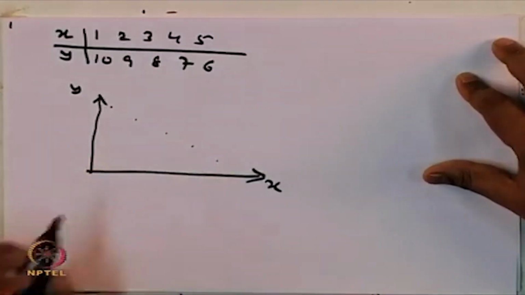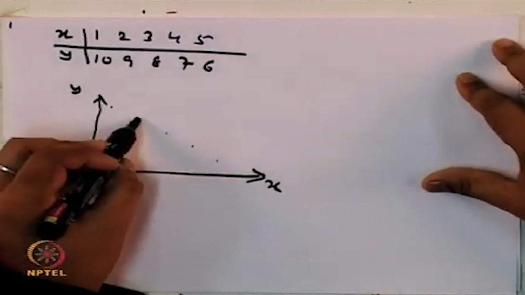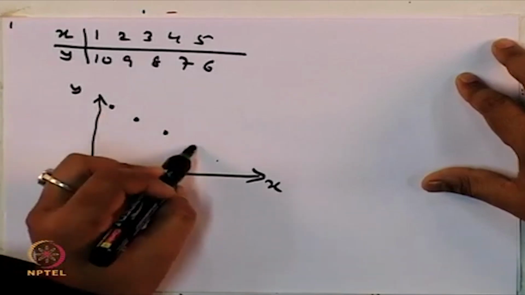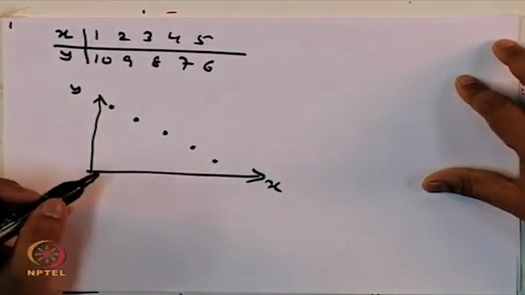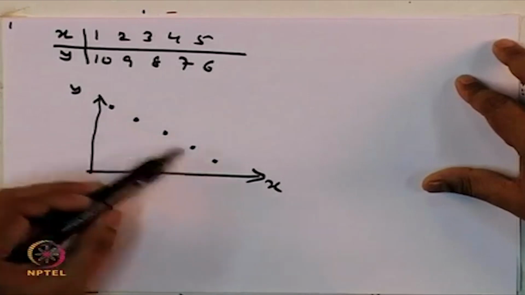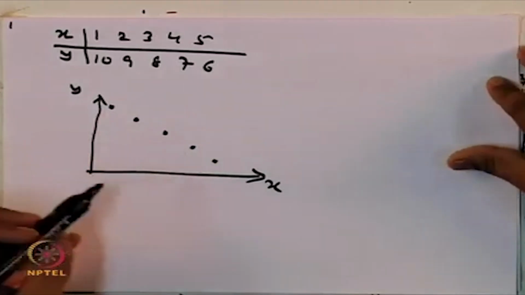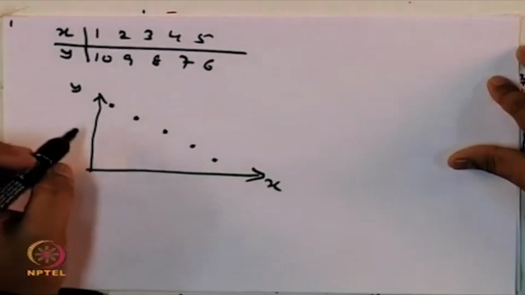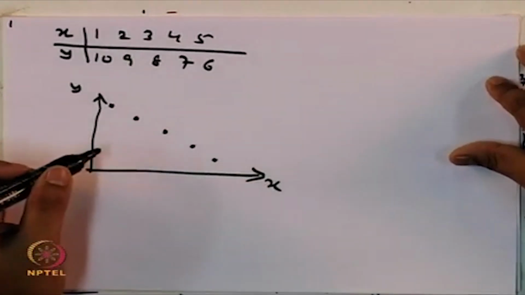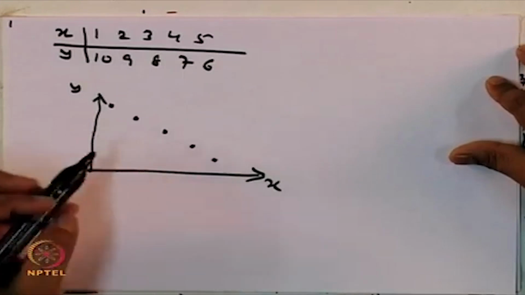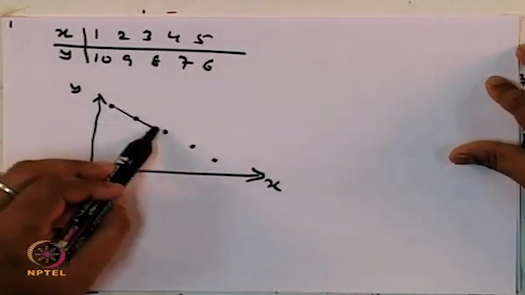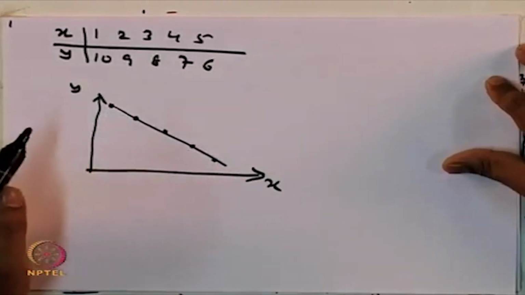So, you have these 5 points. Let me make the points darker. So, you get the feeling that there exists an inverse correlation, that is with increase in x there is a decrease in y. This is very good data, you can clearly see that there is a clear line which passes through all these points.